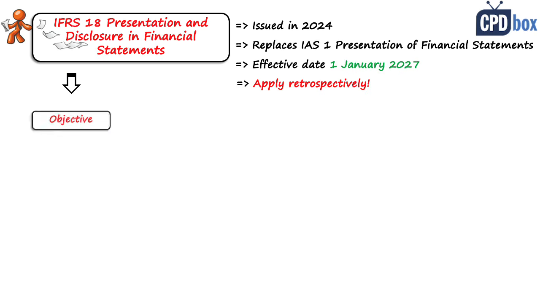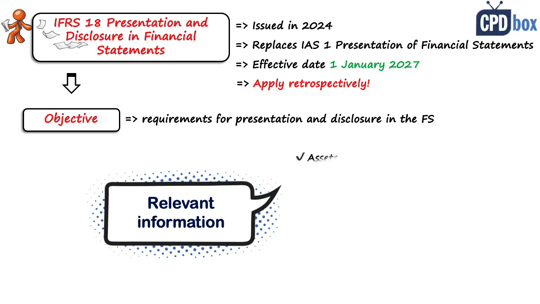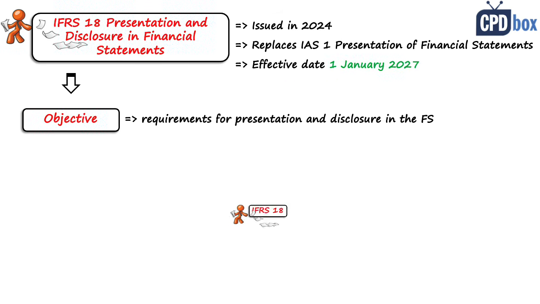The objective of IFRS 18 is to set the requirements for presentation and disclosures in the financial statements for general purposes, to help users by providing relevant information about the reporting entity's assets, liabilities, equity, income, and expenses. This standard is quite extensive, quite significant, contains loads of guidance, and it is structured into a few parts.